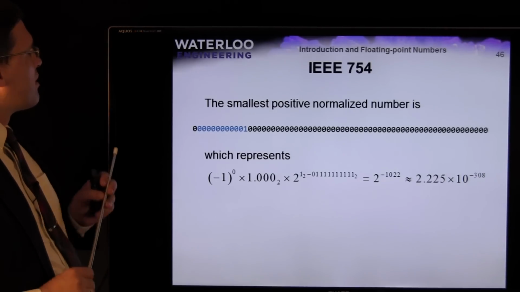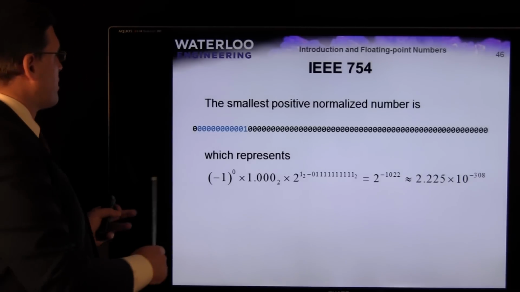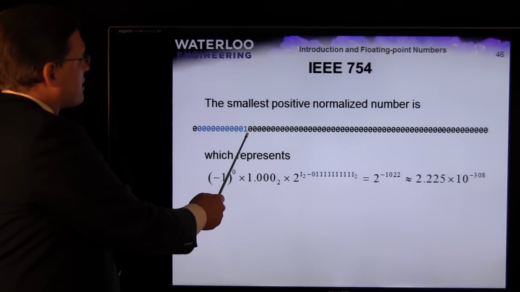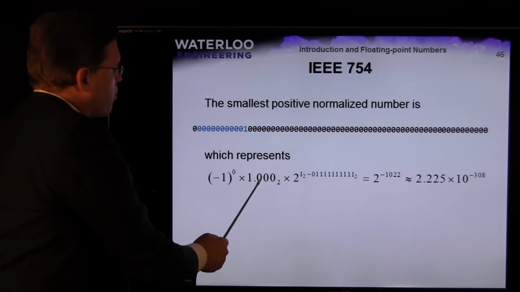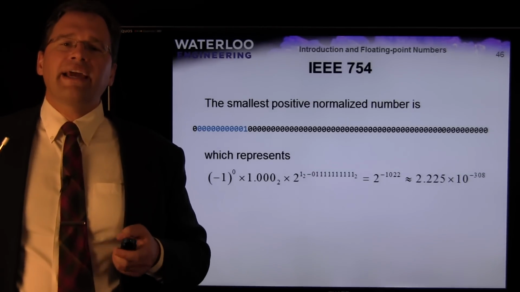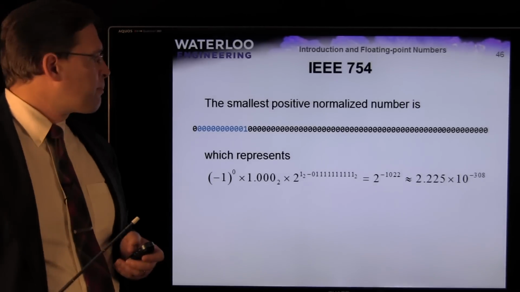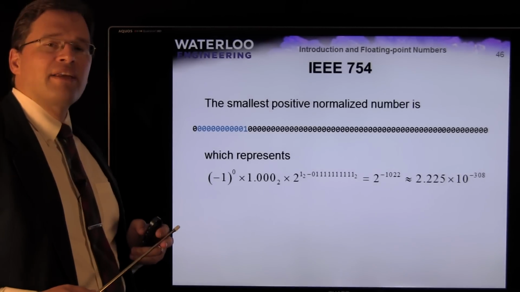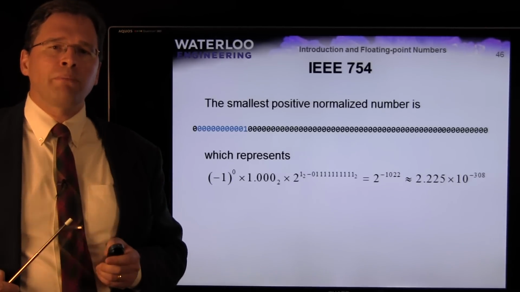So the smallest positive normalized number has this exponent and zeros after the 1. This is a number equal to 2 to the negative 1022, or approximately 10 to the negative 308. That's a reasonably small number.